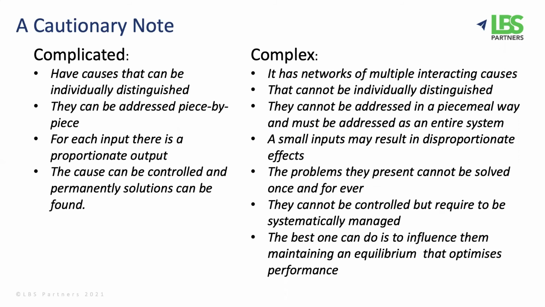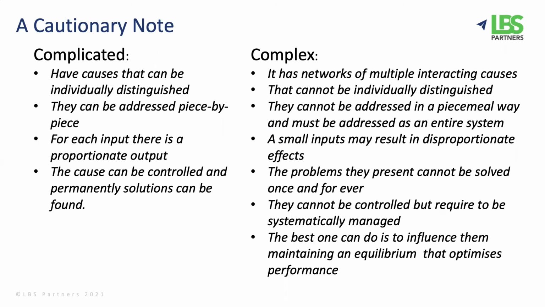These causes can be addressed piecemeal, and in each input, there is a proportional output. So there is that cause-effect relationship. The causes can be controlled and permanent solutions can be found. So this is where we want to operate when we practice our A3. We want to find these simple to complicated situations and attack them.